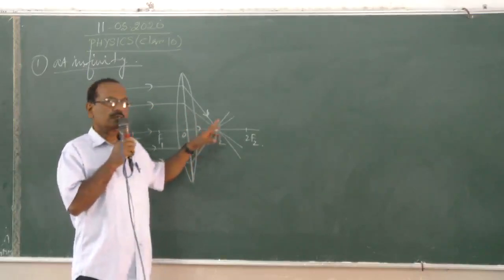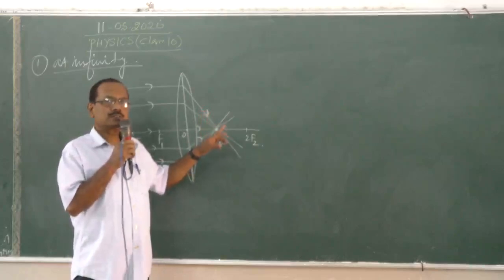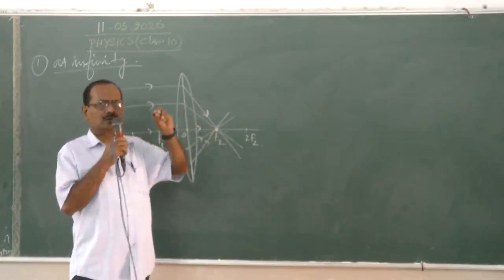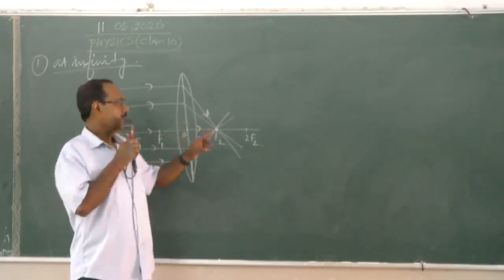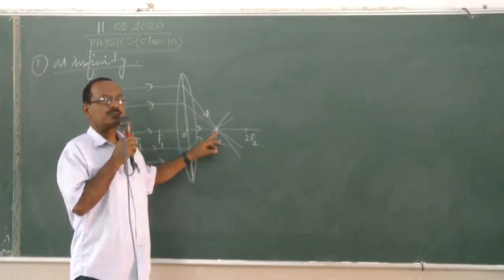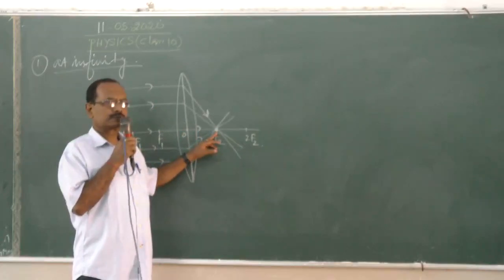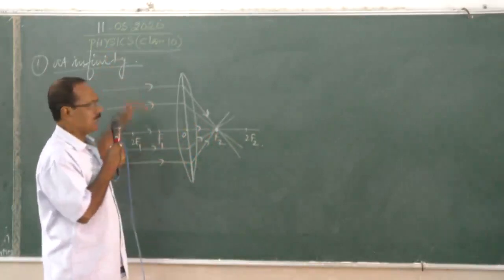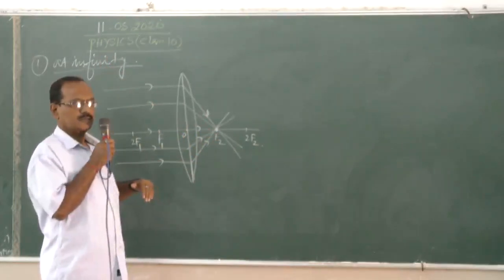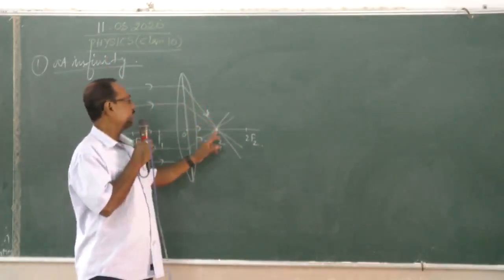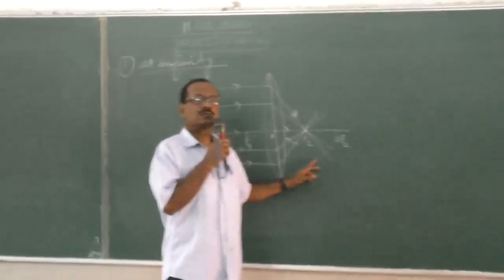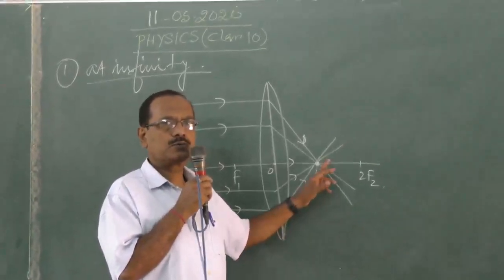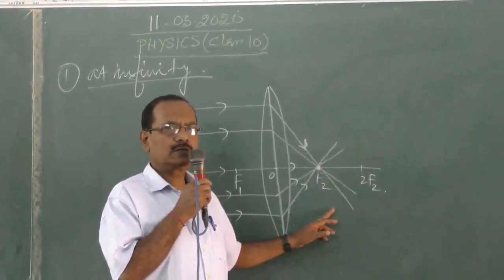Number 3, the image is diminished to a point, very small, and formed at the principal focus. Now, if the rays are not parallel to the principal axis, then what happens? The image will form on the focal plane. Is it clear?